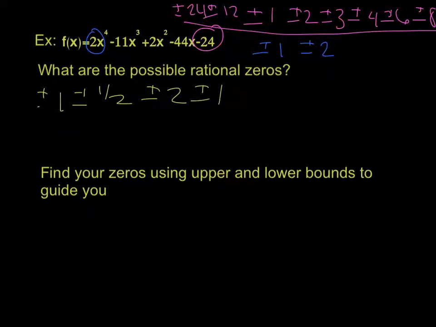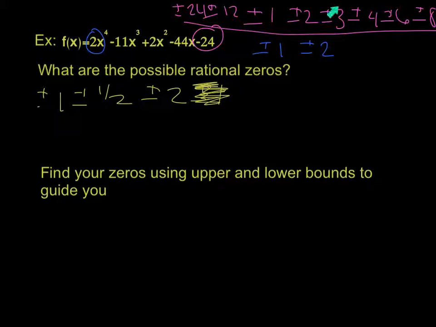All I'm doing, in case you've forgotten, is 1 divided by 1, 1 divided by 2, 2 divided by 1, 2 divided by 2, 3 divided by 1, 3 divided by 2, 4 over 1, 4 over 2, 6 over 1, 6 over 2, 8 over 1, 8 over 2, 12 over 1, 12 over 2, 24 over 1, 24 over 2. So let me finish my list. We already have plus or minus 2, we don't need to write it twice.